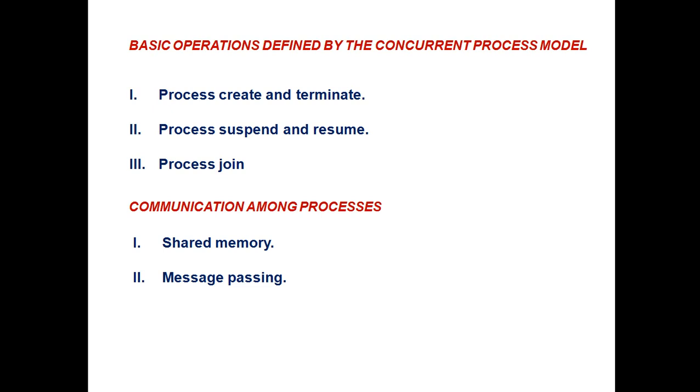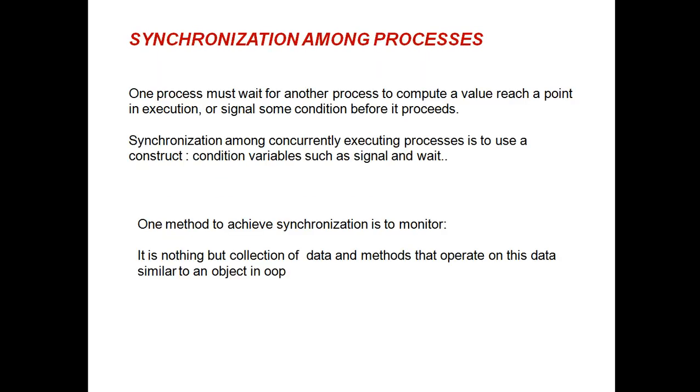Okay, so let's go to the next slide. This one is synchronization among processes, and that's also an important part: one process must wait for another process to compute a value, reach a point in execution, or signal some condition before it proceeds.